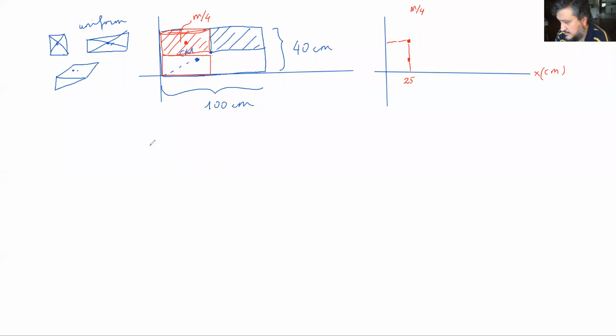Okay, so I take that idea and do it one more time for the third part here, which is just over here at x equals 75 centimeters. And the y coordinates for these are, okay, divide 40 by 4. So this will be 10, y equals 10 centimeters.